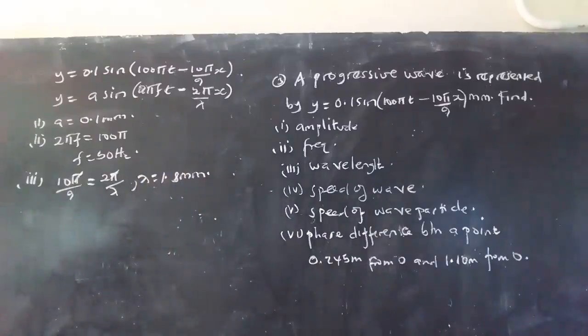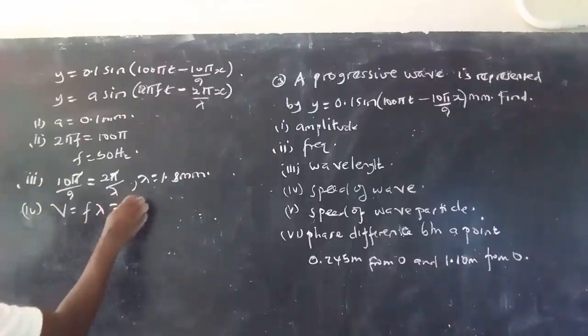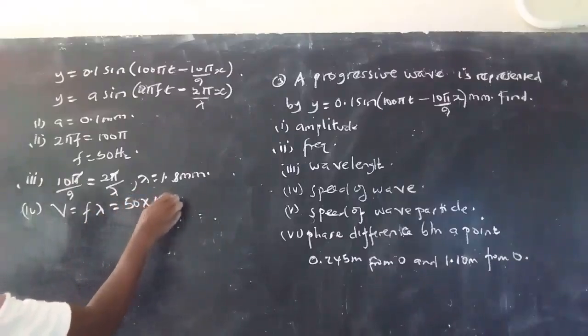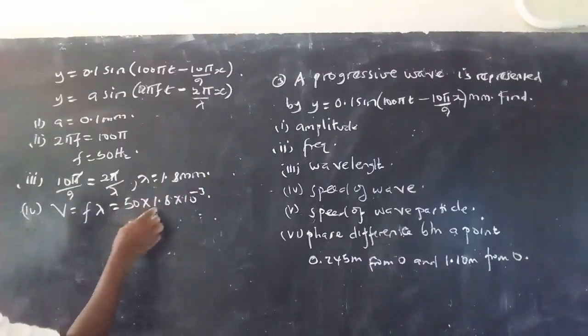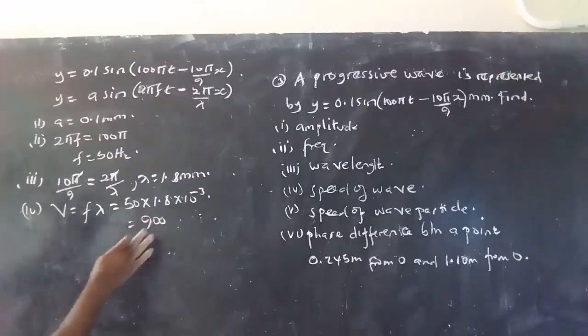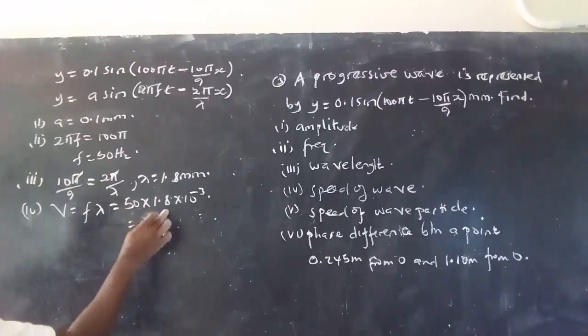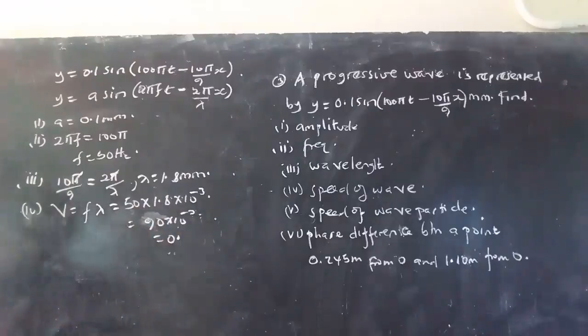We continue with the speed of the wave, part 4. v is equal to f lambda, which will now become 50 times 1.8 times 10 to the negative 3 in meters, which I think is 0.09 meters per second.